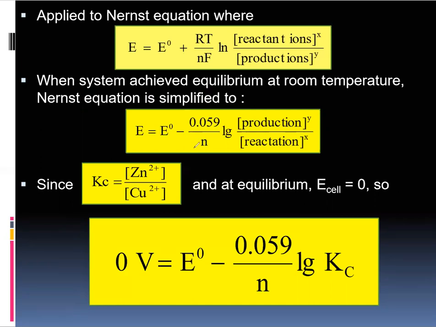Of course, we said if it achieves equilibrium at room temperature, the Nernst equation is simplified to this value. E is equal to E naught minus, you can see now the sign here is not plus, it is minus 0.059 all over n. Why is the sign changing to minus?